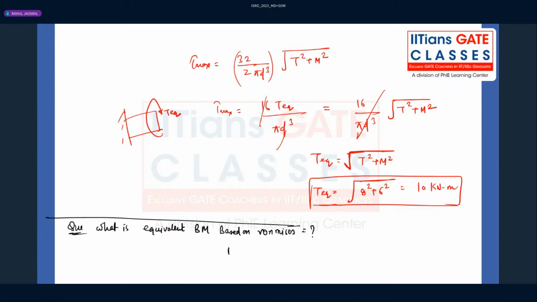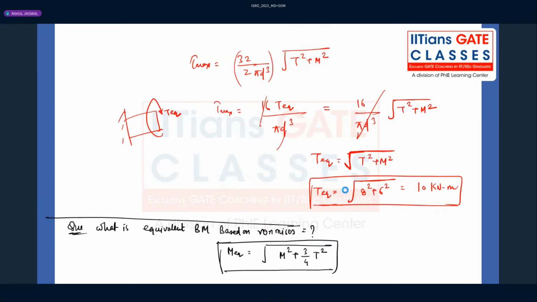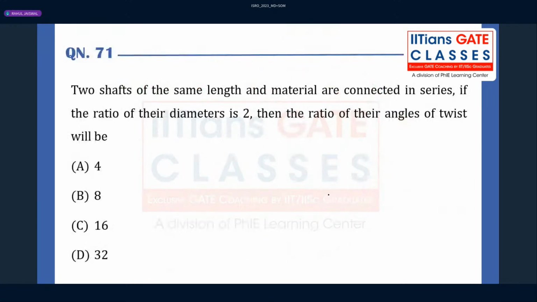Note one more question. I'm telling you the answer, but you can verify as homework whether you are getting this or not. M square plus 3 by 4 t square, that will be the m equivalent based on von Mises. So three questions I have discussed regarding the same one question. Right? Note down this 71 question.